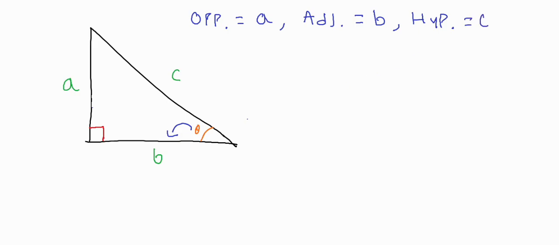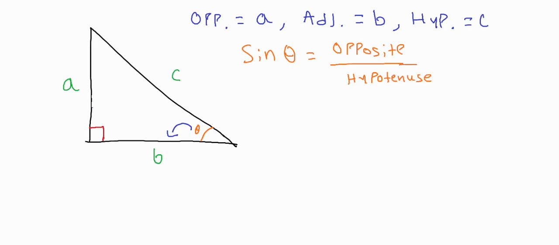So now I'm going to explain something, our trigonometric functions, or ratios perhaps. By definition, sine of theta equals opposite over hypotenuse.